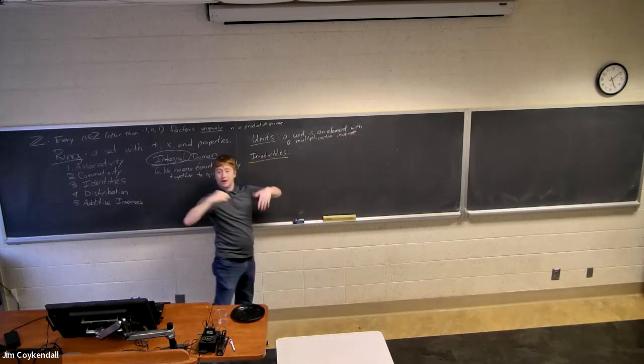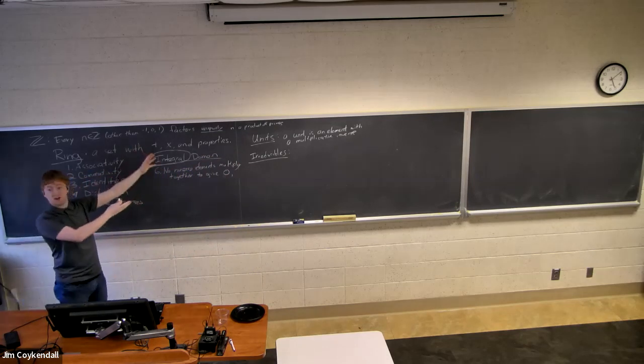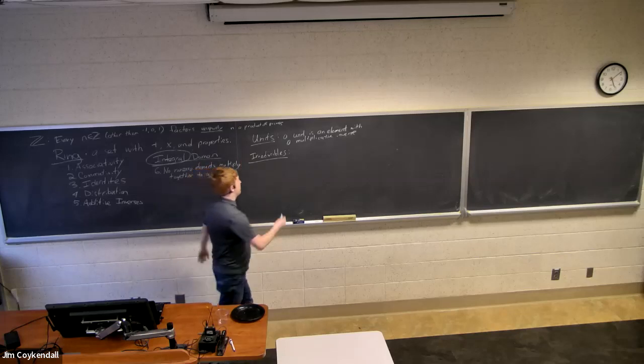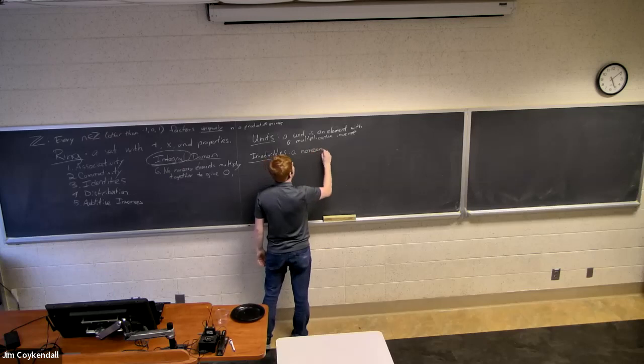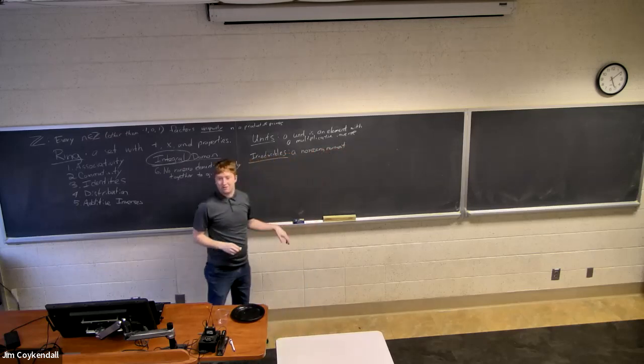So we said we're not requiring everything to have a multiplicative inverse, but if it does, that's this special kind of a unit. Irreducible, on the other hand, is a non-zero, non-unit. So it's not the additive identity.